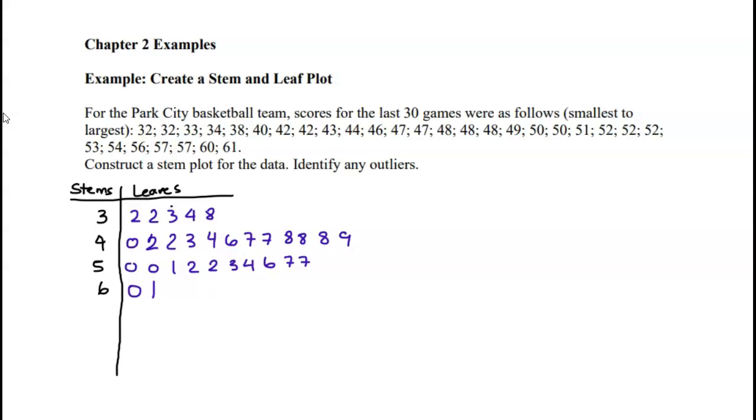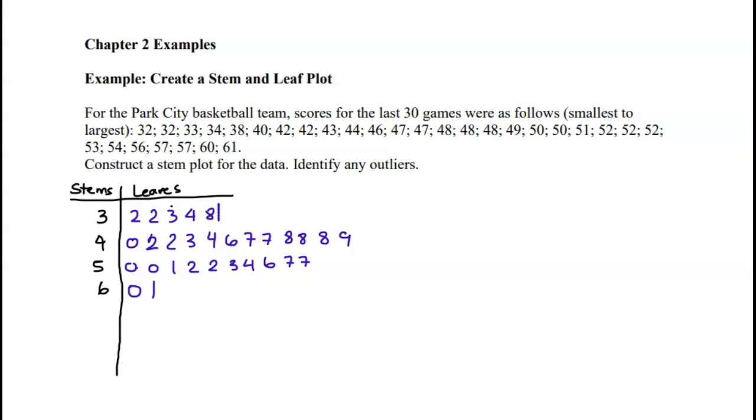So notice that I'm trying to line them up, to leave fairly equal spacing here. When you make a stem and leaf plot, you're basically making a bar graph or histogram on the side. So if you look at it, you can see there are 5 of the scores in the 30s, 12 of the scores in the 40s, 10 of the scores in the 50s, and 2 in the 60s.